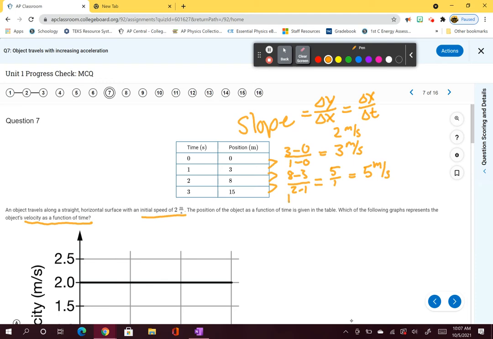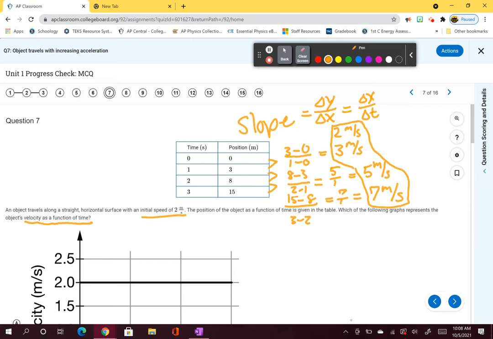And this next one is 15 minus 8 over 3 minus 2. So 15 minus 8, 7 over 1. So I think our velocity is increasing.